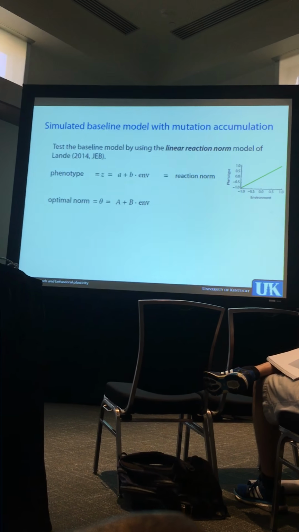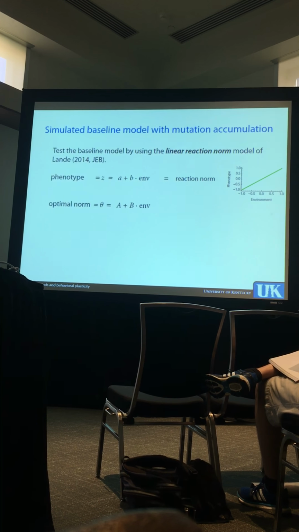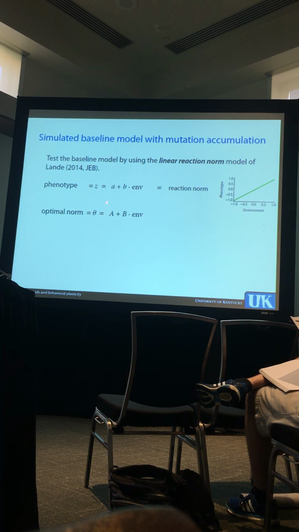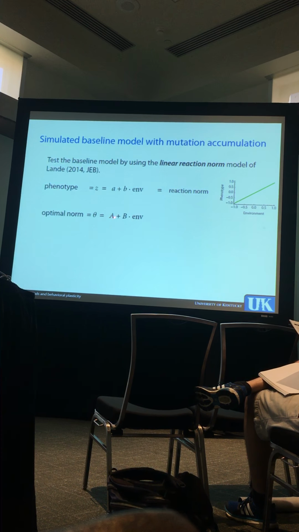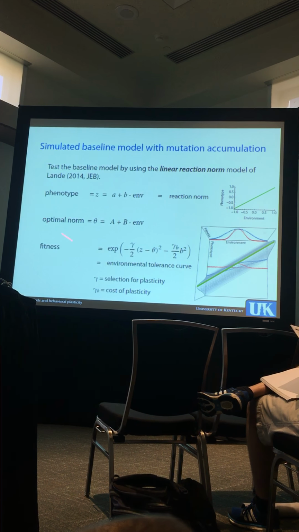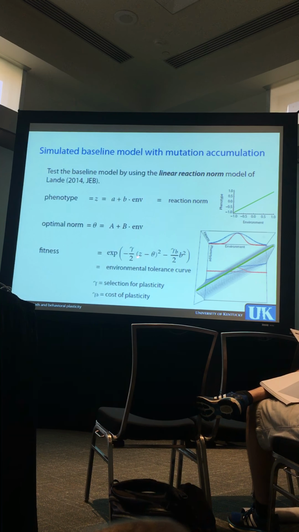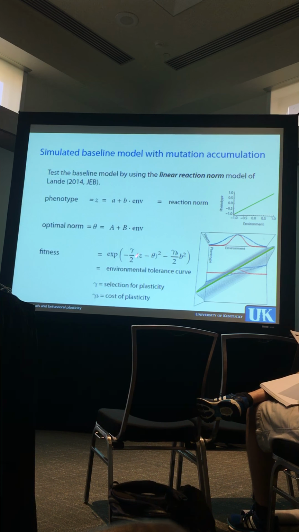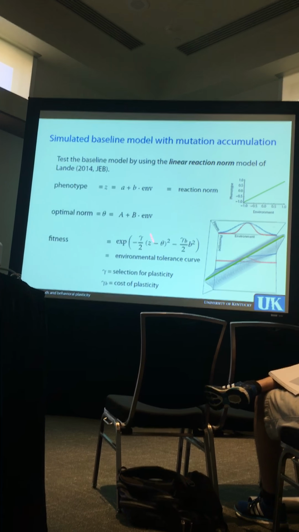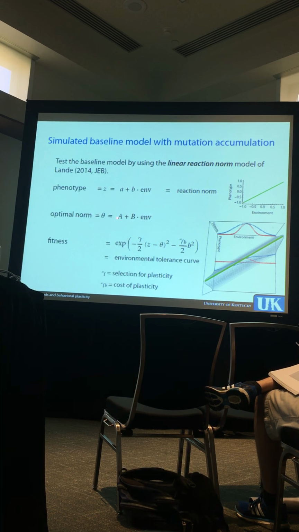We assume the optimal reaction norm is also linear, with an optimal slope and an optimal intercept. Then we assume fitness is a Gaussian function, where individuals have the highest fitness when their reaction norm is exactly the optimal reaction norm.